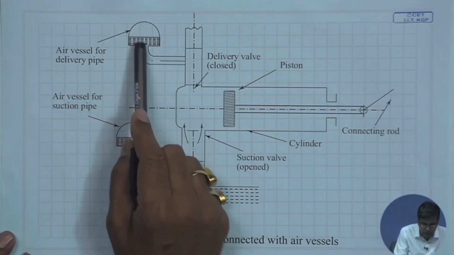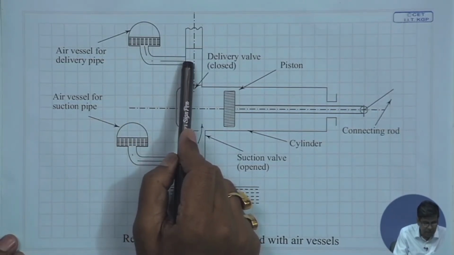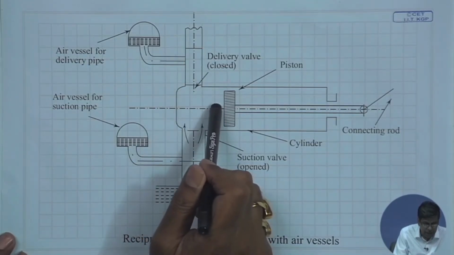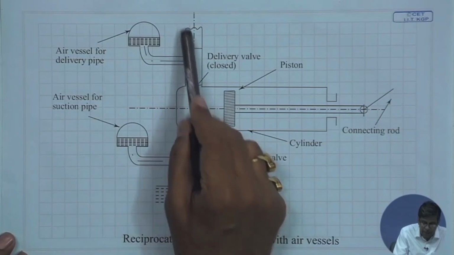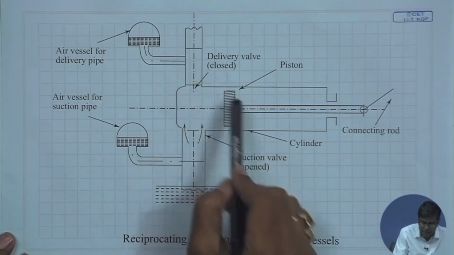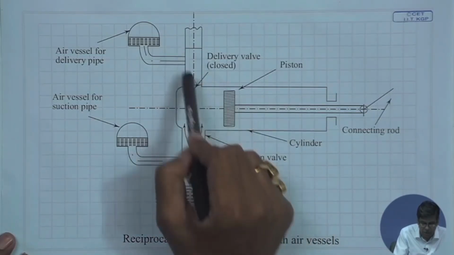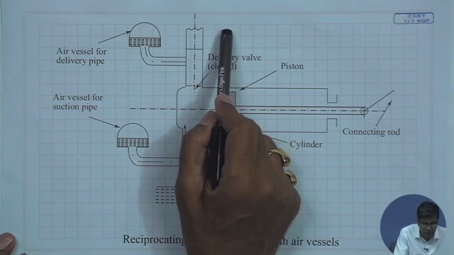And this incorporation of air vessels gives the advantage that the extra power required in providing the extra discharge in case of additional acceleration heads in the initial part of the delivery stroke through a long delivery pipe is saved.